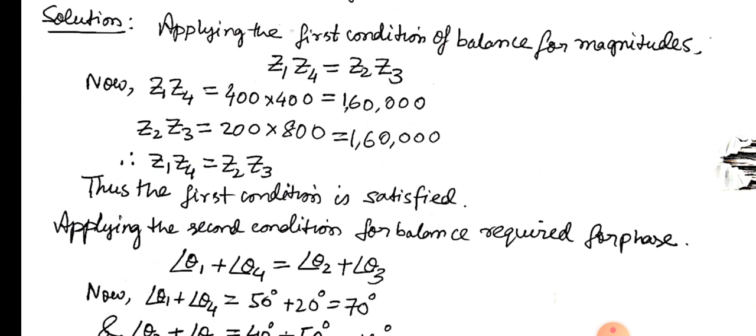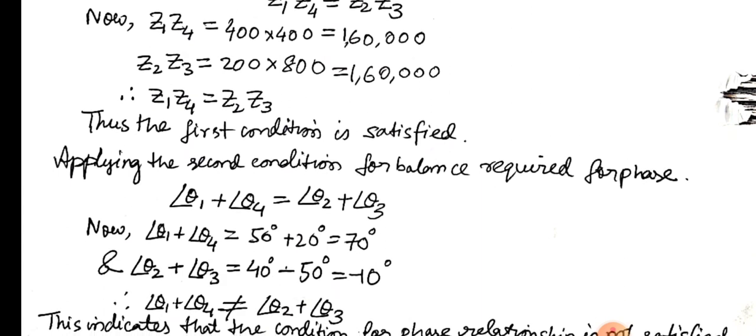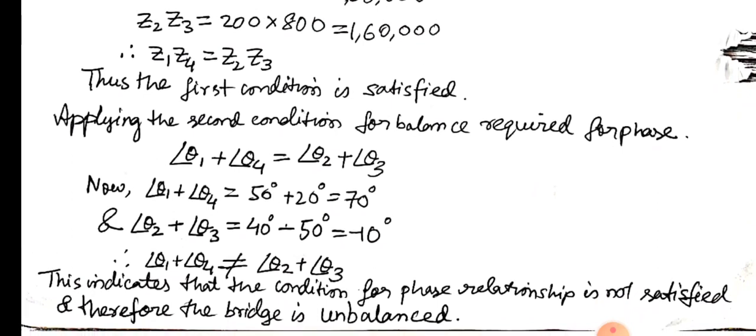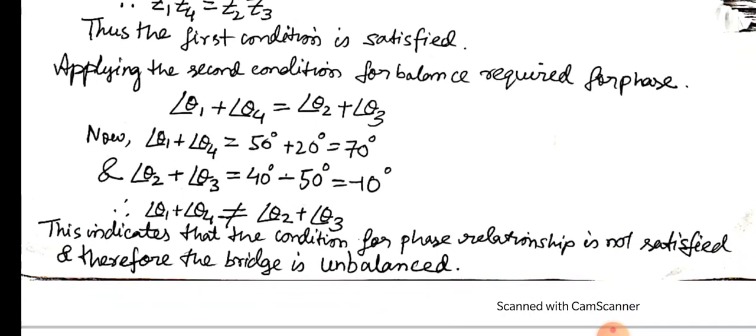No. We have the second condition, which is the condition of the phase angles. The magnitude part is done, the phase angle part is still left over. So applying the second condition for balance, theta 1 plus theta 4 equals theta 2 plus theta 3. Now we check whether theta 1 plus theta 4 is coming as 70 and theta 2 plus theta 3 is coming as minus 10.